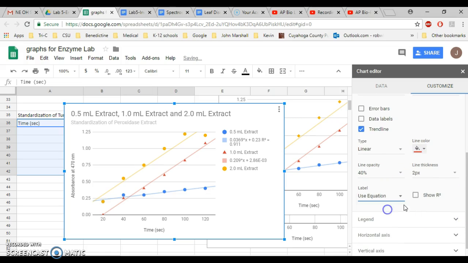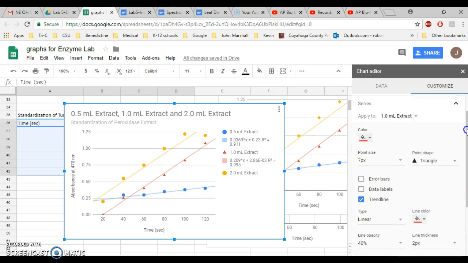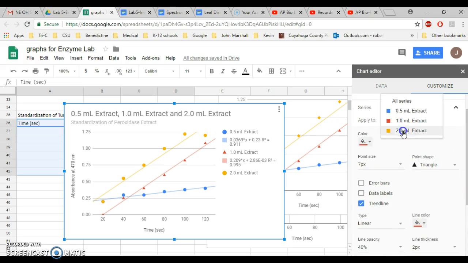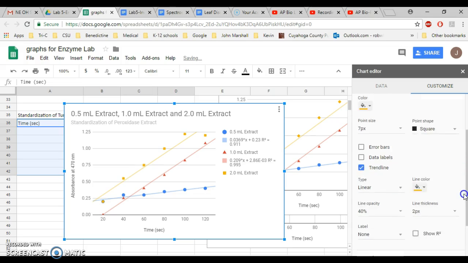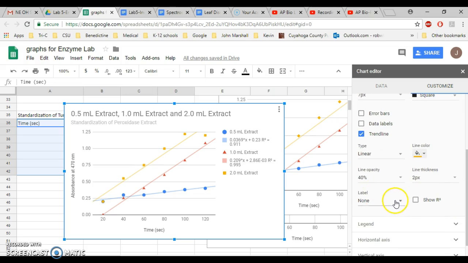So if we do this for each one of these, you can look at the equations and you can see what makes the most sense for us to use going forward. And I am changing the shape for each one of these so that if I wanted to print this document, I could tell the difference between the 0.5 mil, the 1 mil, and the 2 mil without the colors. Okay, so that's why I do this, and I will do this throughout.